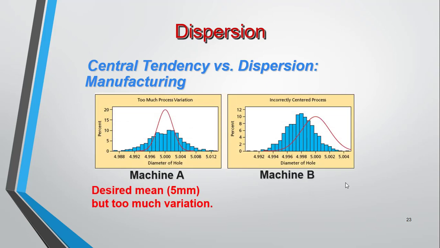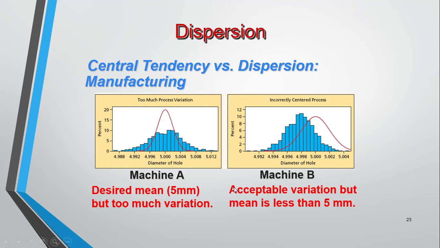Let me give you an example of applying central tendency with dispersion in applications. For example, in manufacturing, you have two machines, drilling holes in a steel plate, for example. This is machine A. You have machine B, right? And for machine A, this is the distribution of the holes you drill, okay?